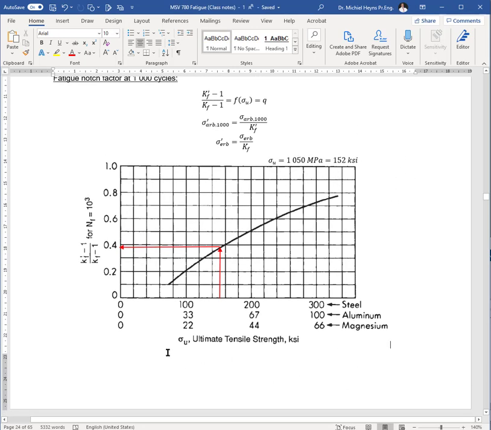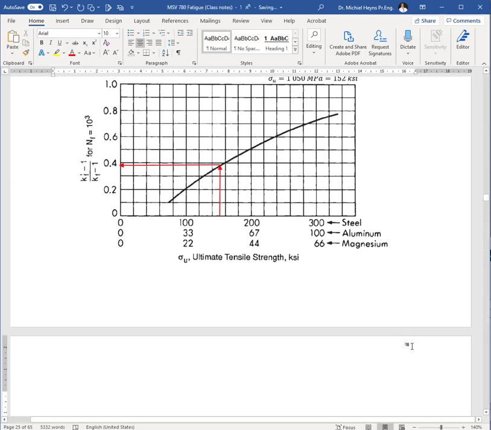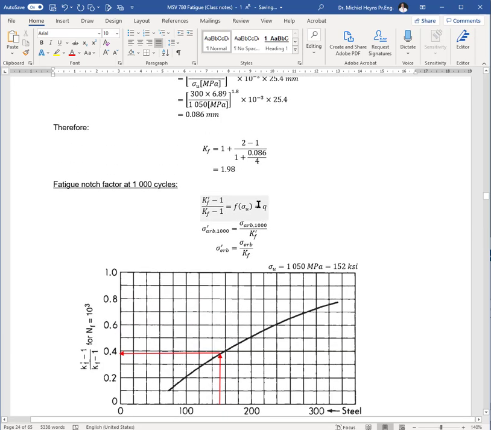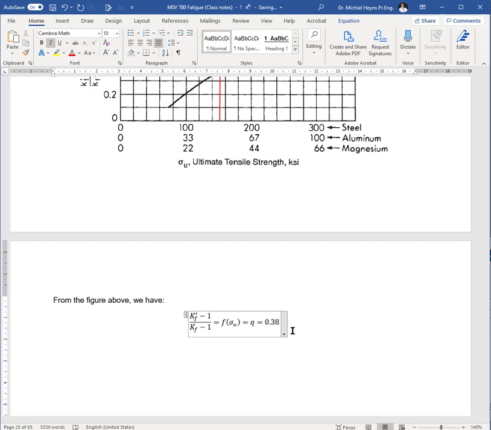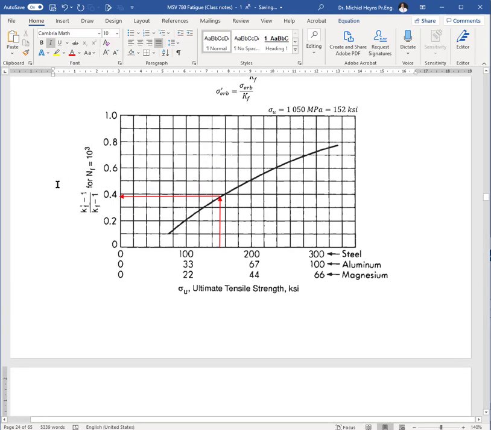From the figure above, we have this equation here, equal to Q, which is equal to 0.38, if you look at this factor here.